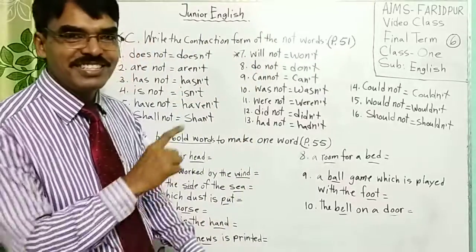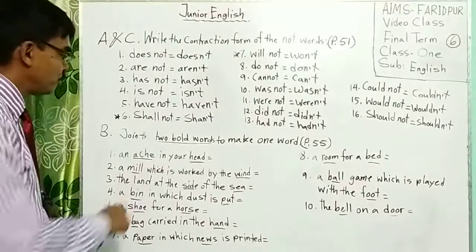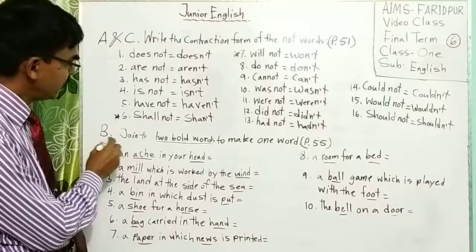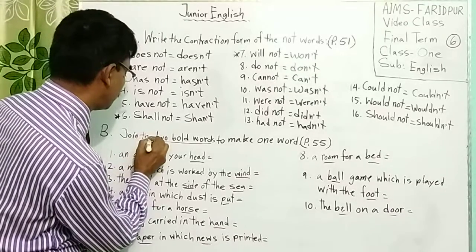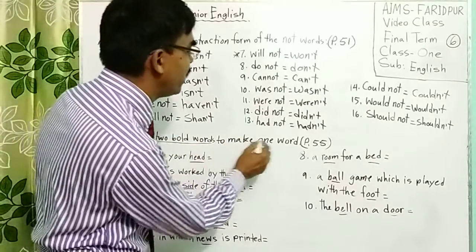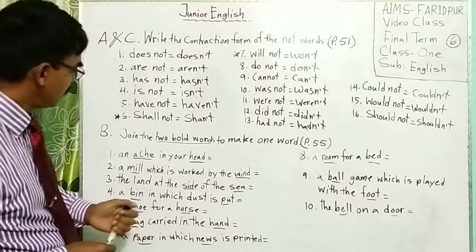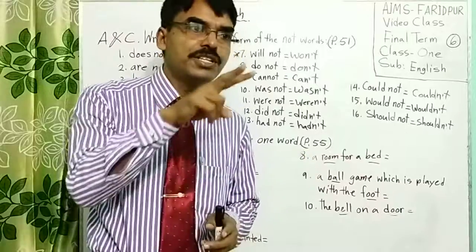So I think it is very interesting and easy to you. Okay, let us go to another section, that is B. Join the two bold words to make one word. So we will add two words. Which one is bold?